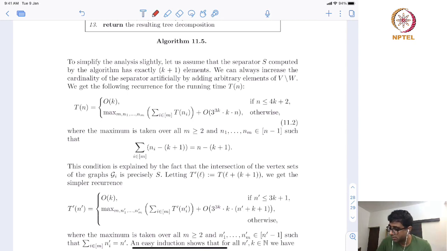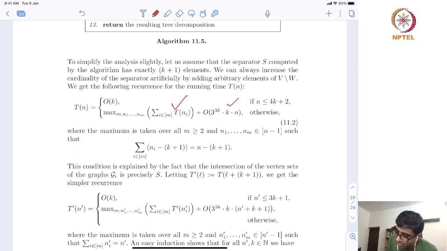This is what is written here. There was one running time to compute the particular W, which is like 3 to the power 3k, because it's 3 to the power |W|, and the running time to compute the min balanced separator.